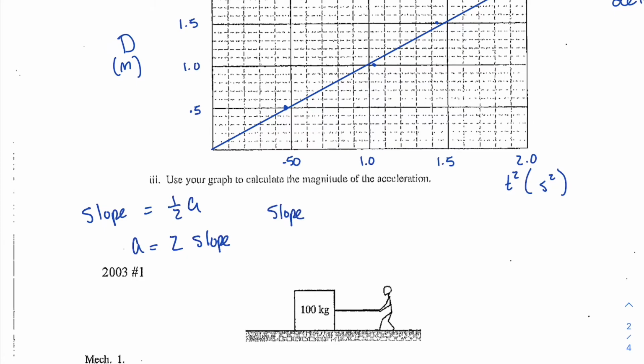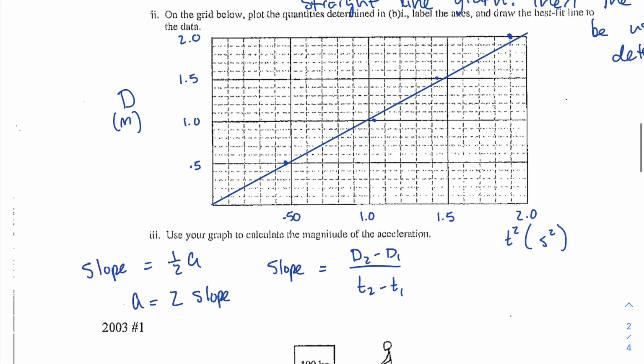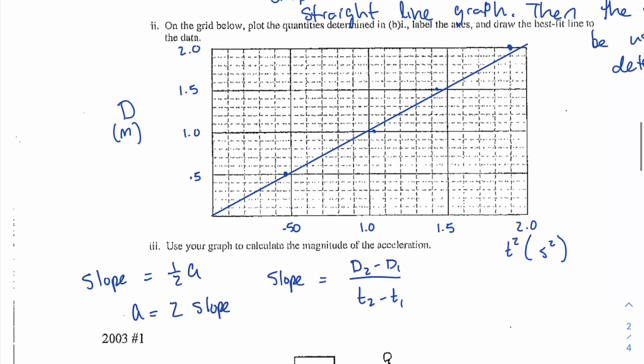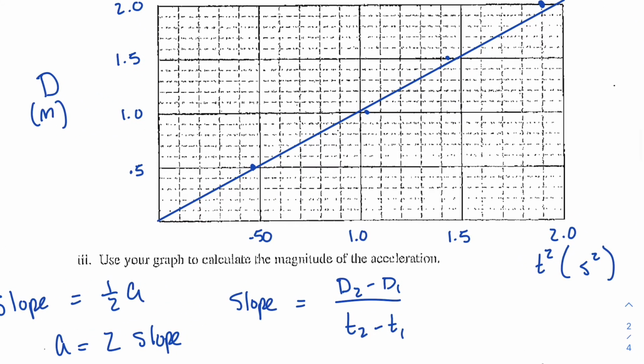In order to get the slope, we need to know two different data points. So we're going to have slope is equal to d2 minus d1 over t2 minus t1. As far as picking points to use for this, they have to be points that are directly on the line, and you should not pick more than one data point that's given.